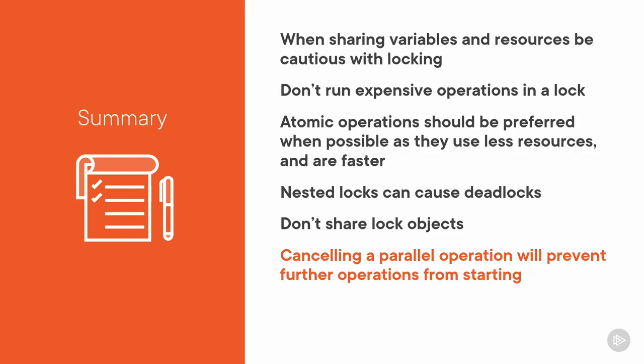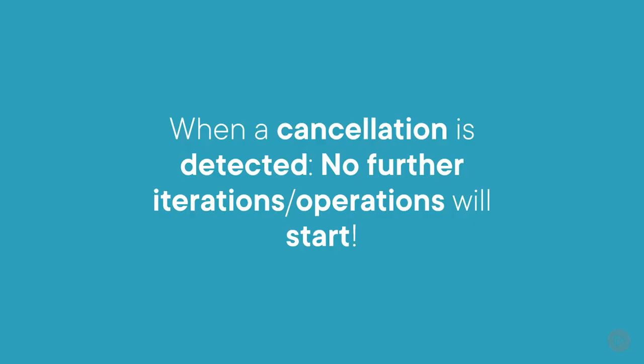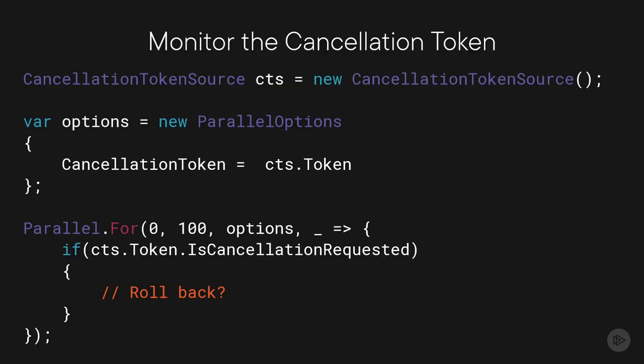This is exactly what's happening internally when using parallel for each, and invoke. Remember though, it won't cease the current executions. It just won't start new ones. If you have to roll back data, you'd obviously have to handle that on your own.